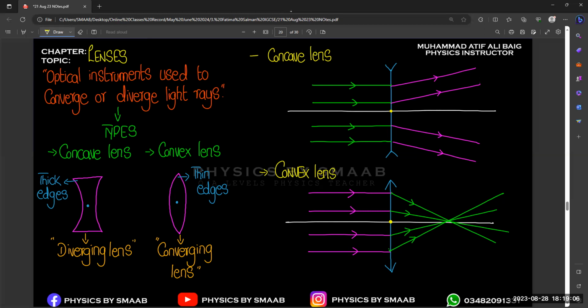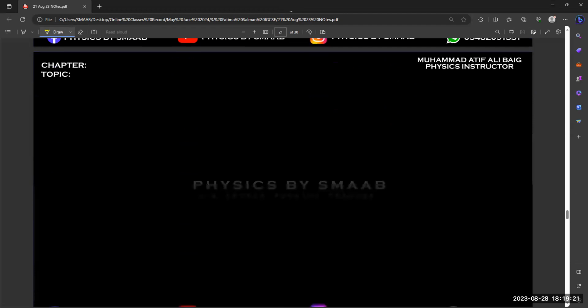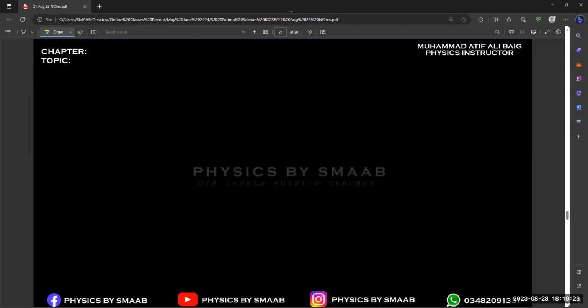And there are some properties related to the concave lens and the convex lens. One is diverging, the second one is converging. Let's talk about the further properties, because that is very important. So let's first talk about the concave lens.